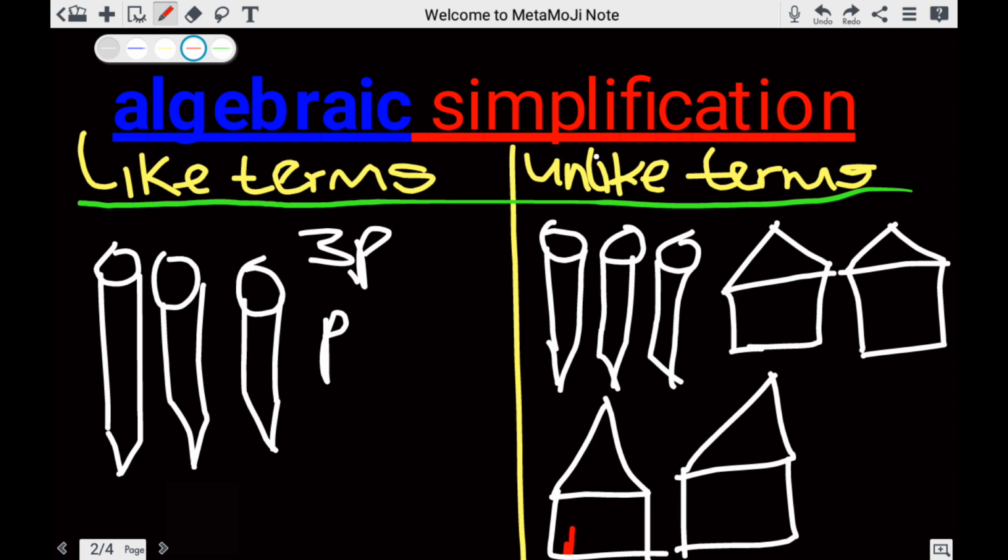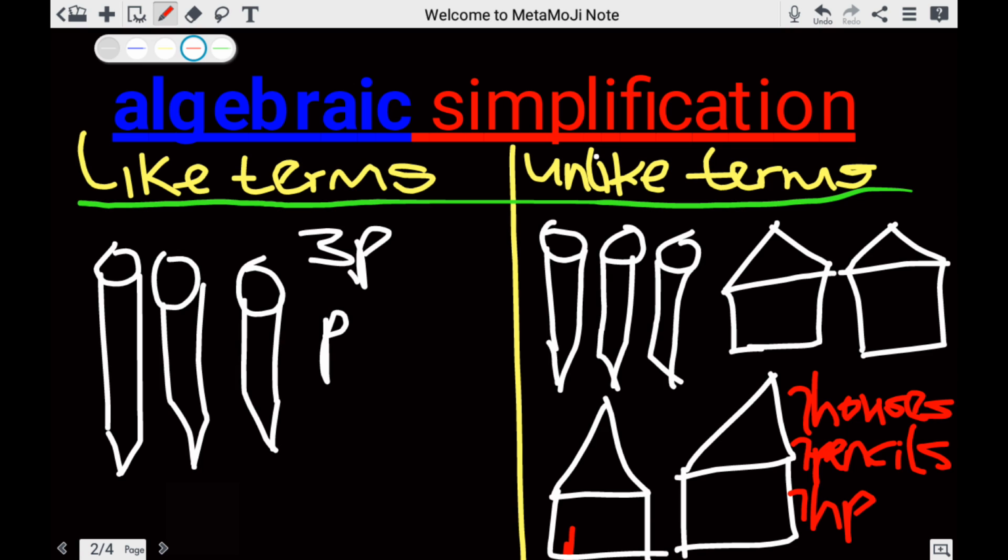Will you say 7 houses, or will you say 7 pencils? Or will you say 7 houses, pencils? What will you say?